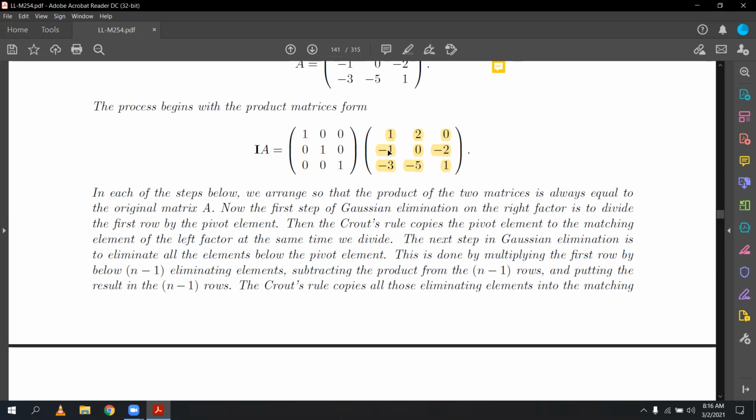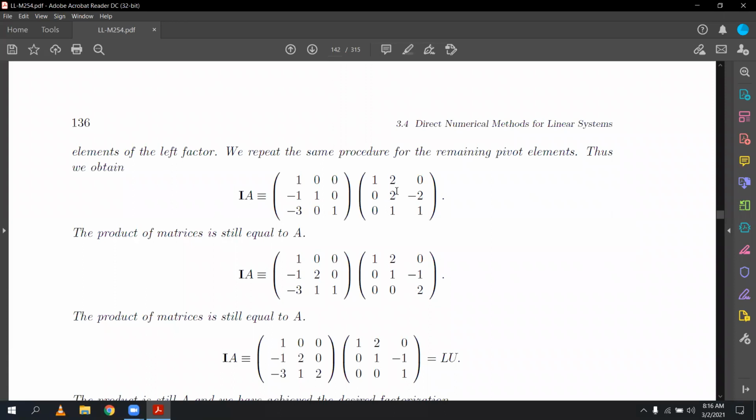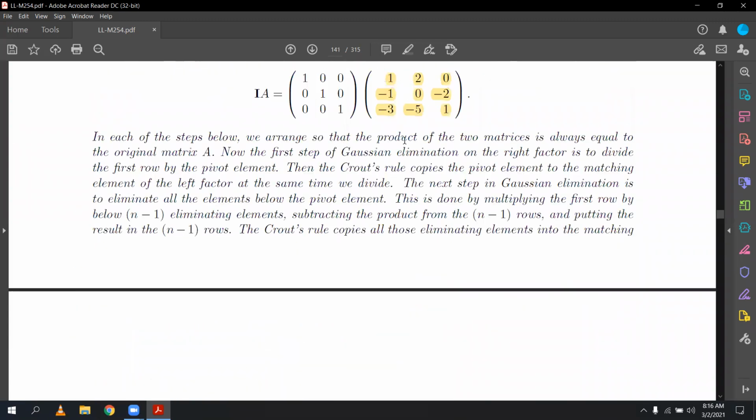So we have 0, 2, and -2. You multiply the first row by -3, subtract here, and this will be changed, and you have this position now. You finish your first step. You change only 2 elements, -1 and -3, to make them 0. So put the changed elements in the corresponding position.